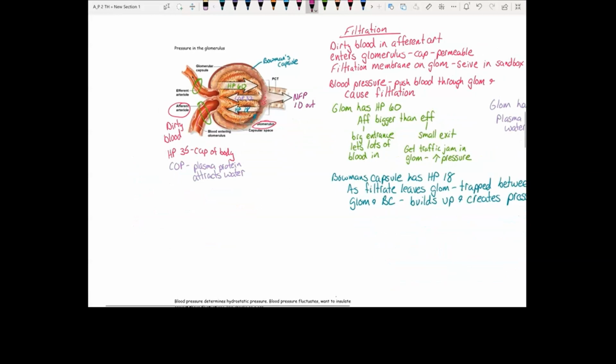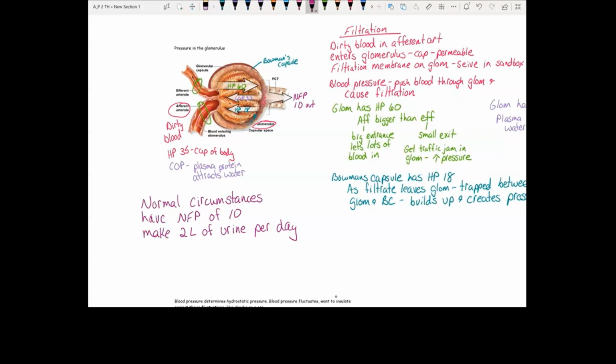This is normal circumstances. Under normal circumstances, you will have a net filtration pressure of 10. And if you maintain your net filtration pressure at 10, you will make 2 liters of urine per day. So this is a typical healthy adult, nothing strange going on.